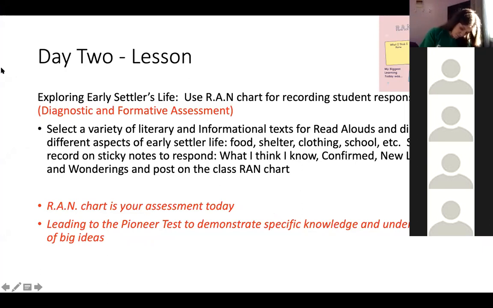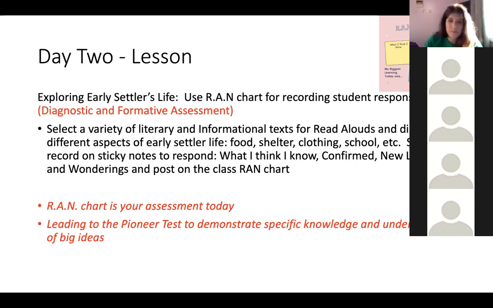And so then as they're going through, at this point in time, they can talk about their wonderings, which is what they want to know. So they can write that down. Now, if I have this in some kind of a binder or a scrapbook, I can easily go through it as they're working on this unit and go through it with them.